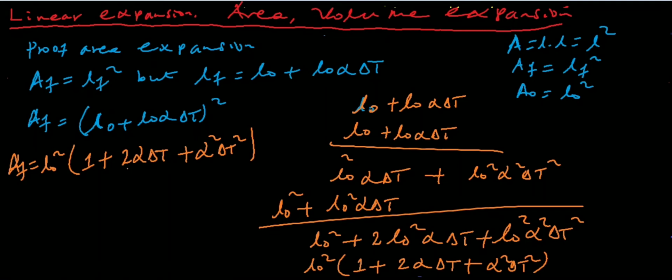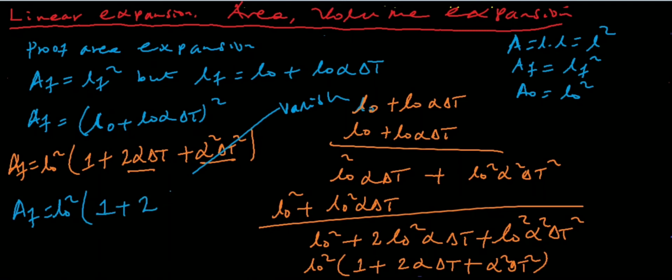When we compare the last term with the others, it is very small, therefore it can be dropped. What is left is AF equal to L naught square into 1 plus 2 alpha change in temperature.